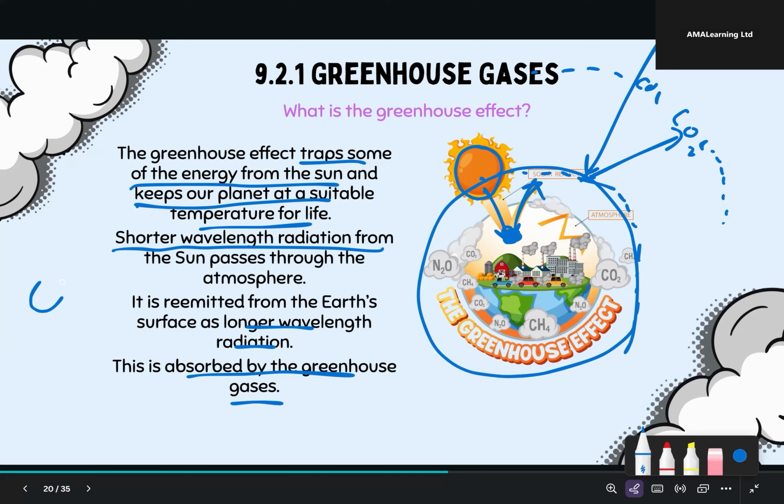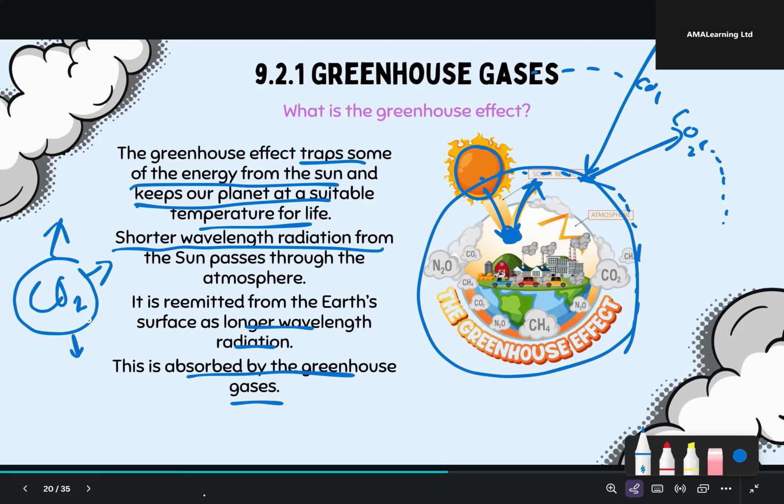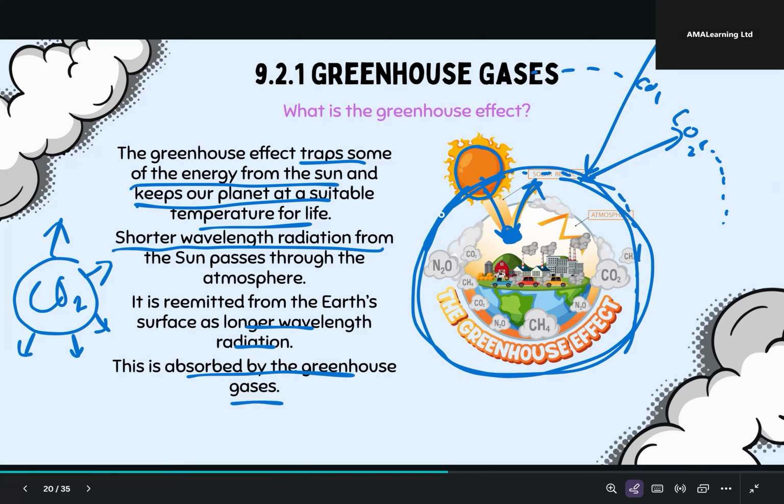Now, when carbon dioxide absorbs this long wavelength radiation, it re-emits it in every single direction. What that means is this carbon dioxide layer here, the initial blue circle that I drew, sends some of the energy back towards the Earth.